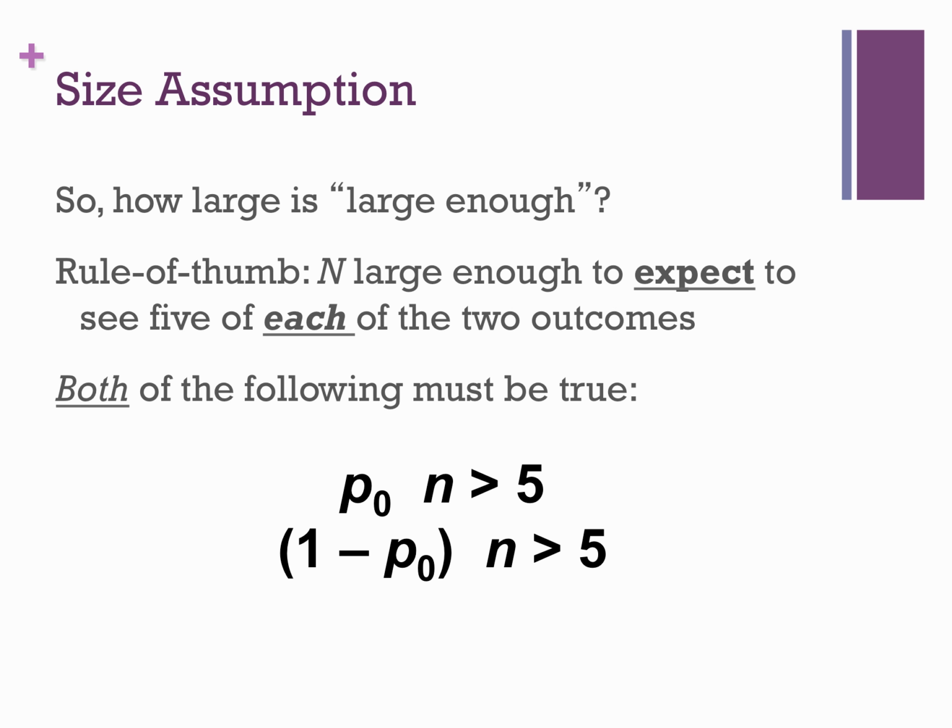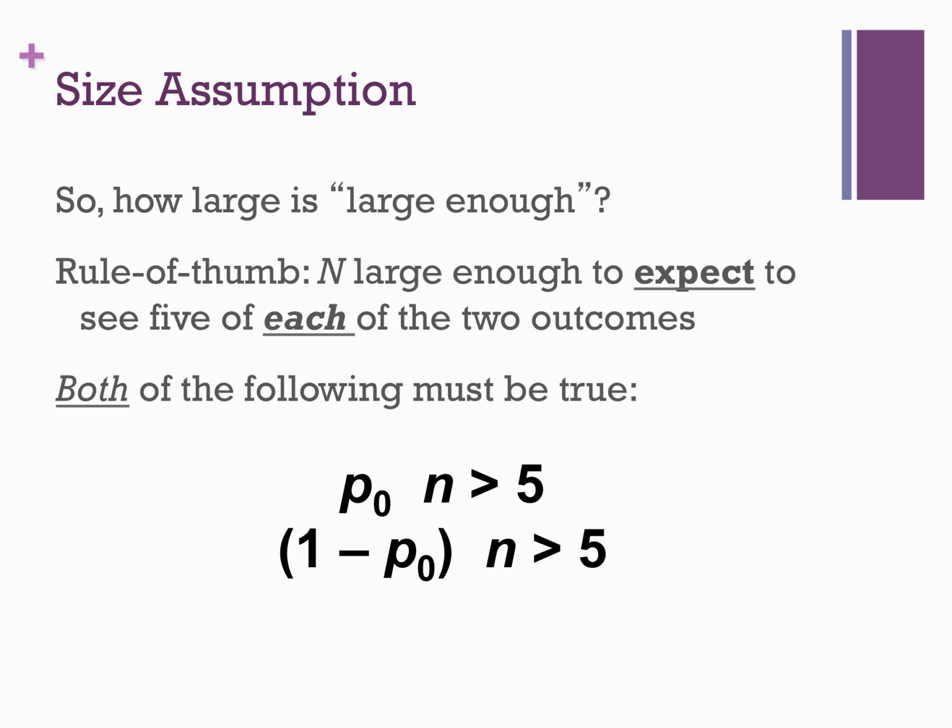The sample size assumption for a single proportion will address the question of how large is large enough. Do we have enough people or enough observations? The rule of thumb is that we need to have an N, a sample size, large enough to expect to see 5 of each of the 2 outcomes. We have a single proportion here. Either the outcome occurred or it did not.